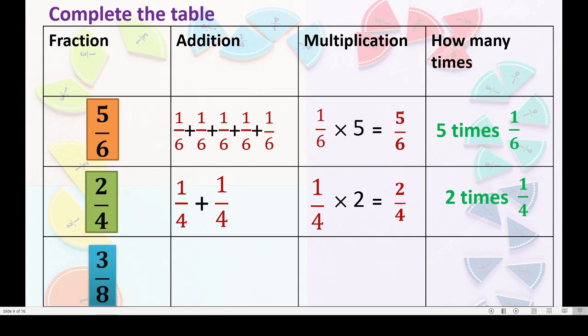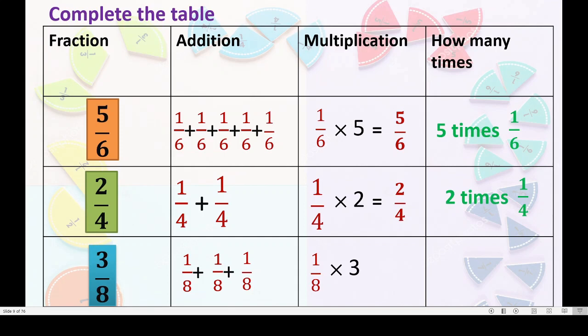Okay, one more. 3 upon 8. Come on, tell me what to add. Yes, 1 upon 8 plus 1 upon 8 plus 1 upon 8, 3 times because 3 is there in the numerator. Now here what will we write? 1 upon 8 multiplied 3 times, isn't it?